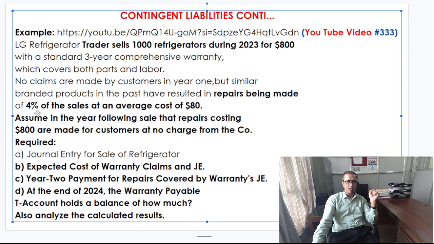So 4% of this value comes to 3200, which is my estimated product warranty. This way you could estimate it, record the journal entry, and prepare the T account. I already discussed all these things, so I'm not going to discuss the same question time and again. For this, you can take reference of video number 333, friends.